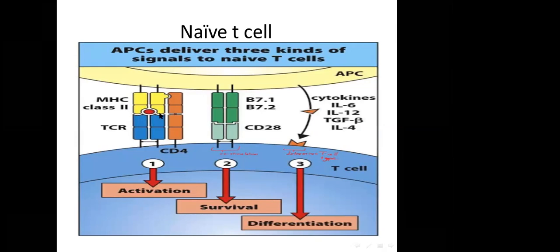This is signal 1. Signal 2 is a co-stimulatory signal, which is the connection between B7 on the antigen presenting cell and CD28, and it finally ends with cytokines, which have their function on their receptor.